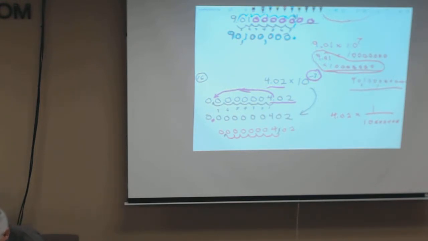Which is 402 tenths, hundreds, thousands, 10,000, 100,000s, millions. Is that right? 10 millions. 402 10 millions, if you were looking at the fraction. Okay?